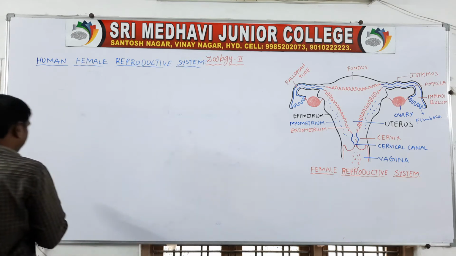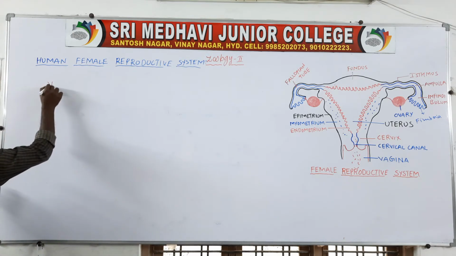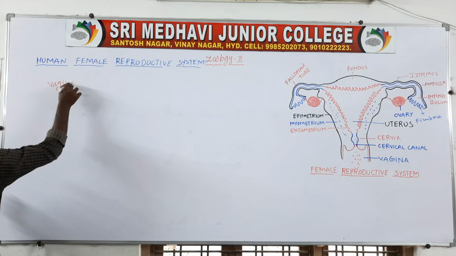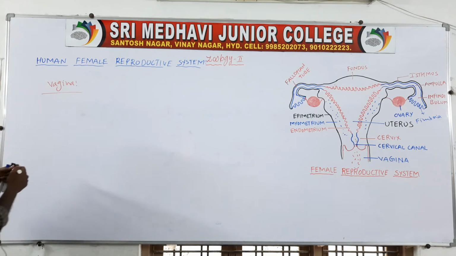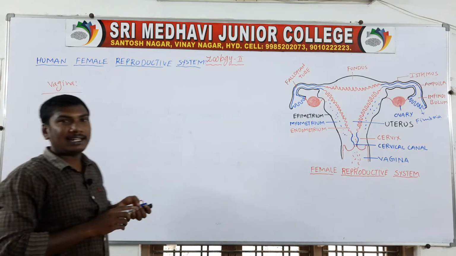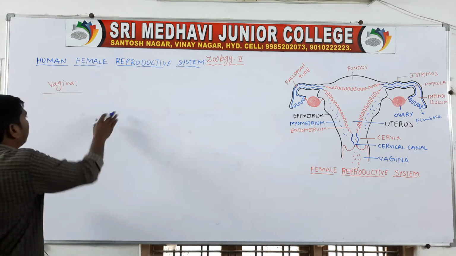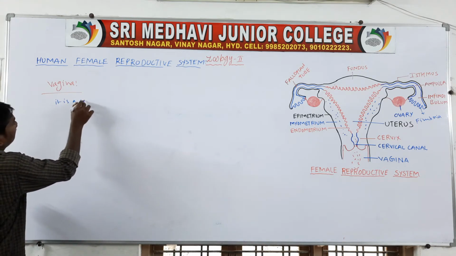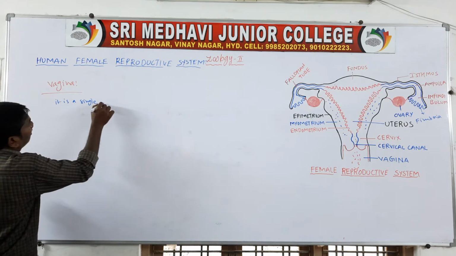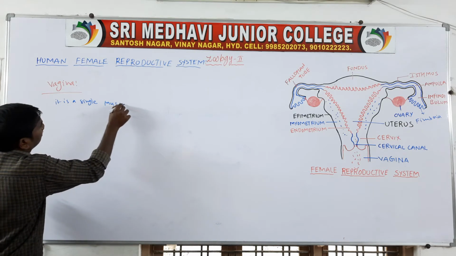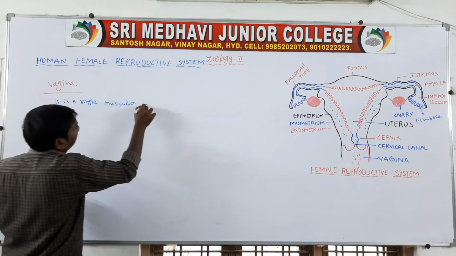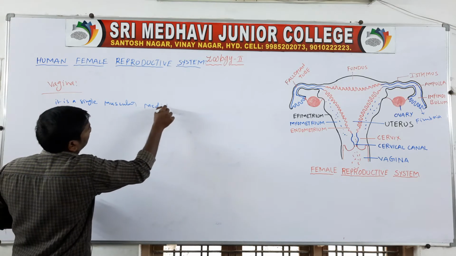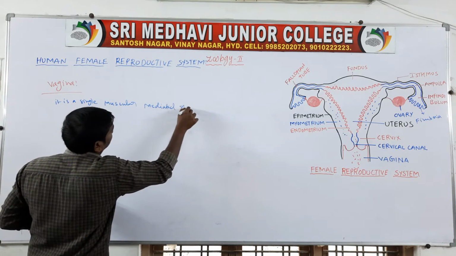Next one, vagina. The vagina is a single muscular tubular structure.